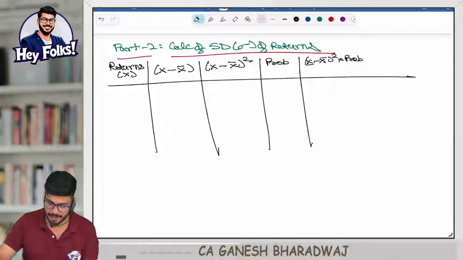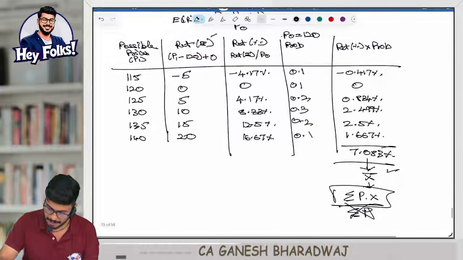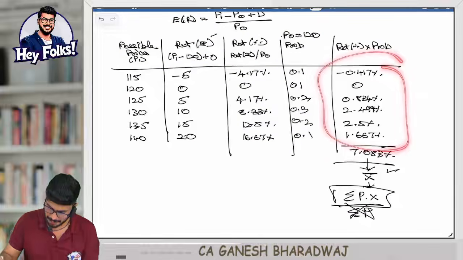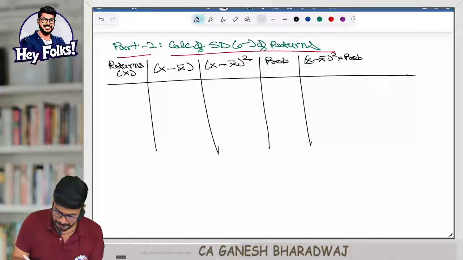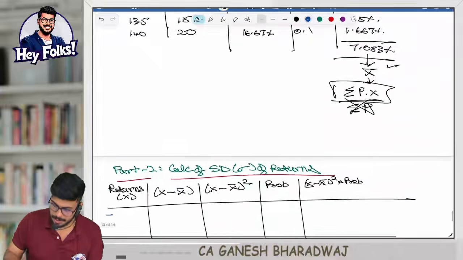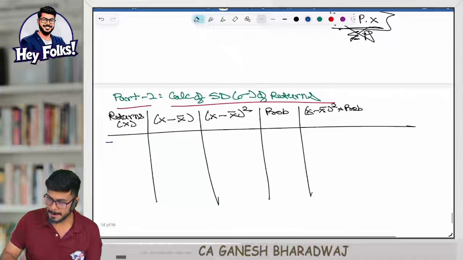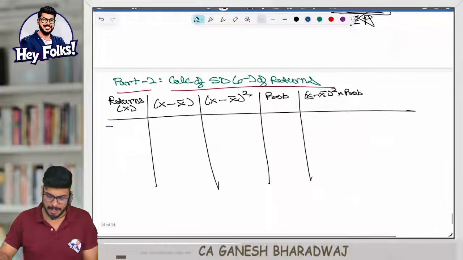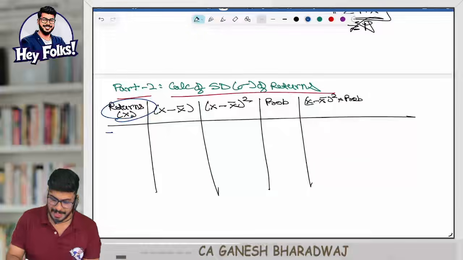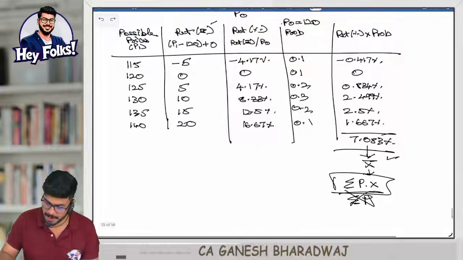What are the 6 different outcomes that you can get? So these are the figures. Okay, guys, so now let's do this. First one, returns. Come on, tell me, what are the 6 possible returns?